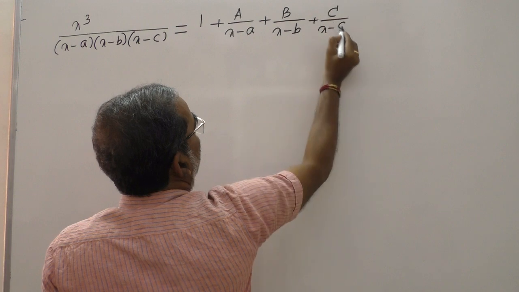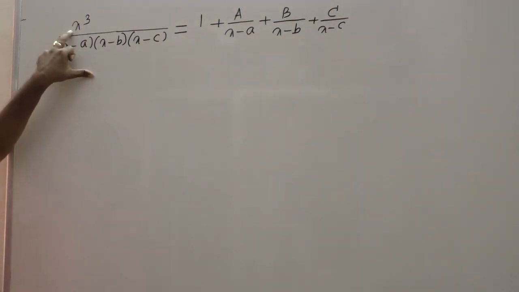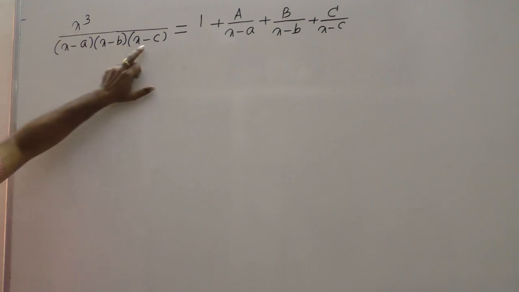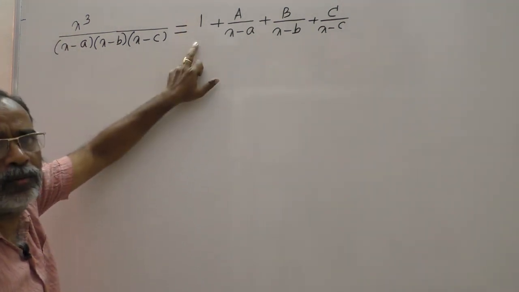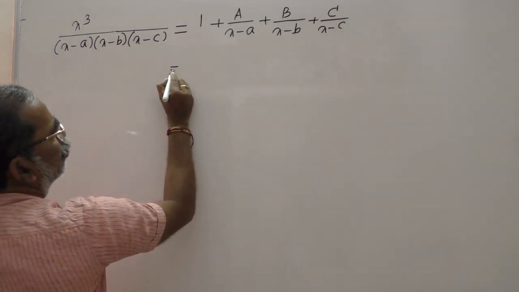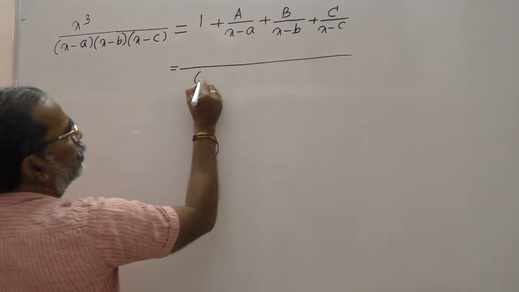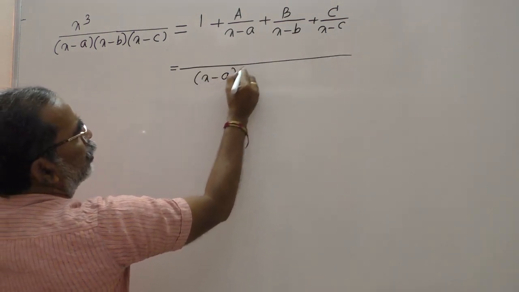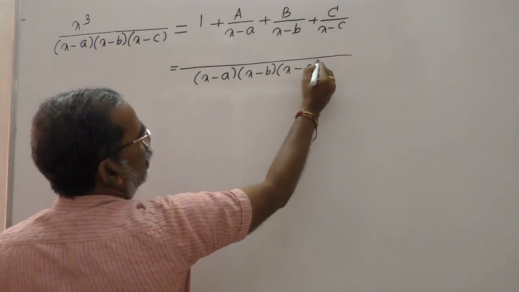Here it is capital C and this is small c. If the x cube coefficient is 1 in the numerator, 2 in the denominator, then what will be this? 1 by 2, like that. Remaining procedure is same. Again you take LCM. LCM is (x minus a) into (x minus b) into (x minus c).